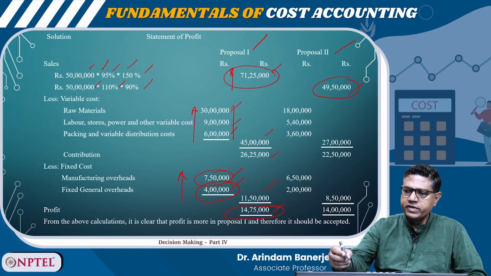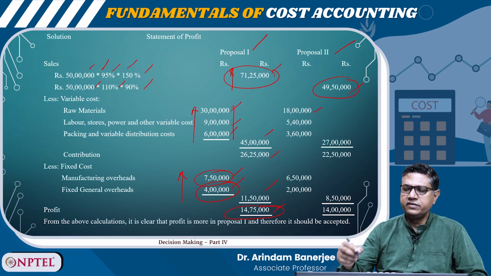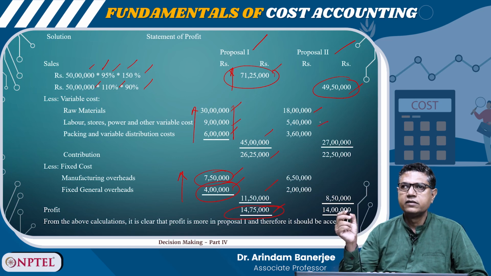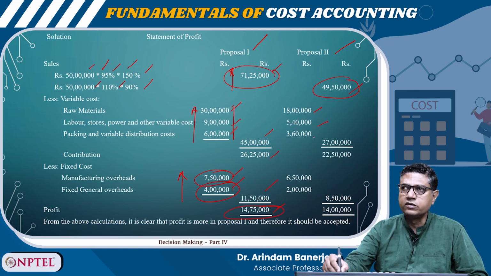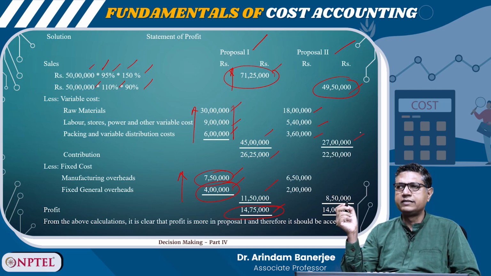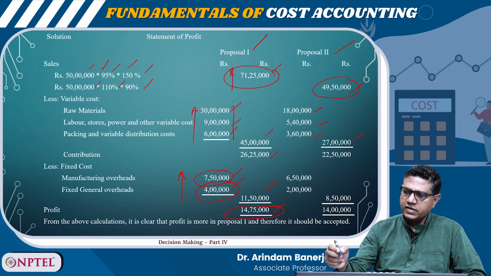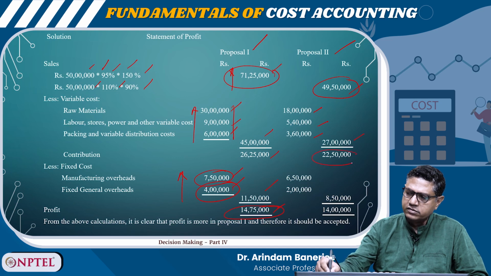So, raw material now is 18 lakh, labor is 5 lakh 40,000, packing and variable distribution cost 3 lakh 60,000. If I add, it is 27 lakh. So, 27 lakh is my total variable cost. This total variable cost, if I deduct from the sales revenue, I will get the contribution.